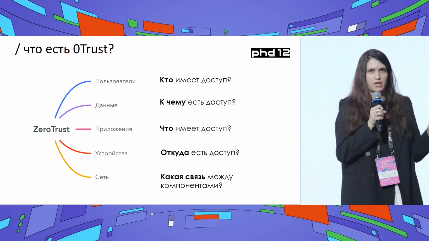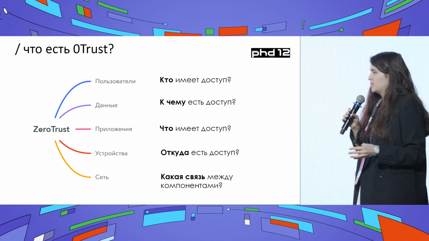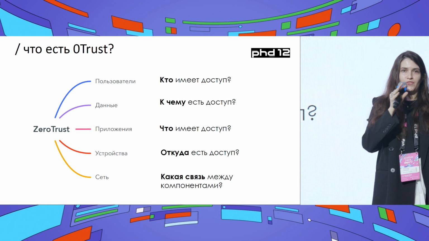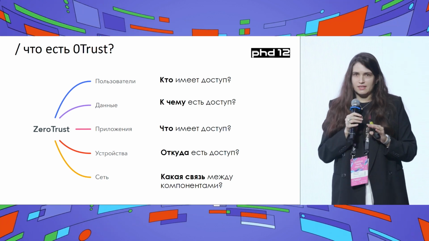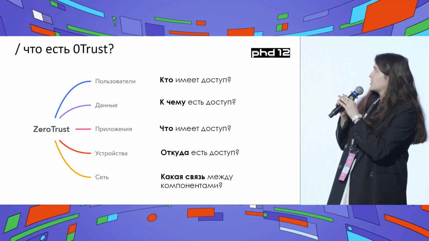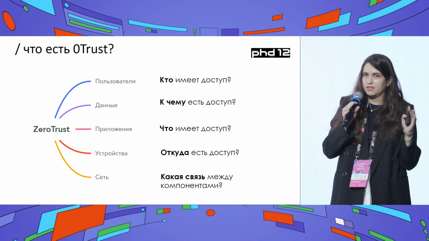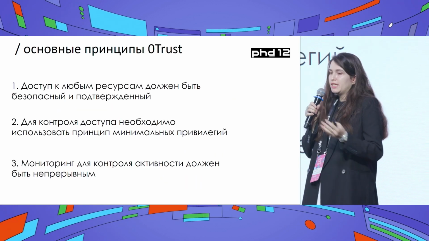We've got to understand what else has access to data, such as APIs, services, applications, etc. We've got to understand from where they have access and what is the link between components. So I guess Zero Trust is what we want to cover with our security, and we want to have good answers to all these questions.